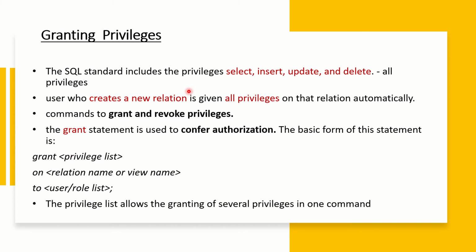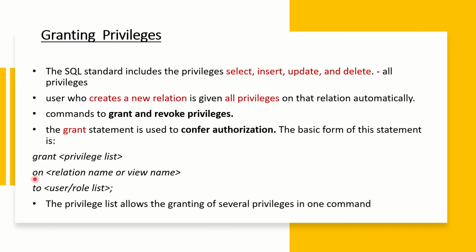As we said, these are the common privileges, or all privileges. If we are giving a user the select privilege, then we write select here. Or if we are giving insert, we write insert here. That is the privilege list.